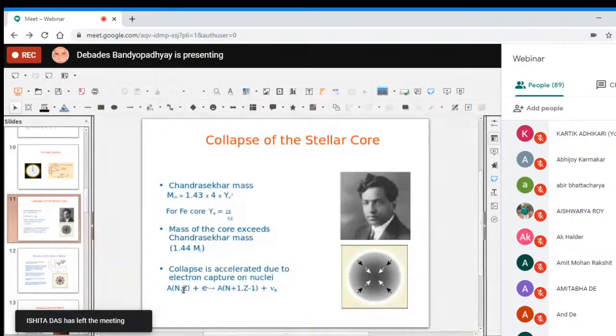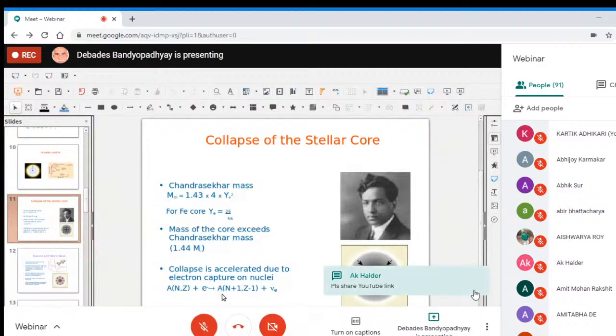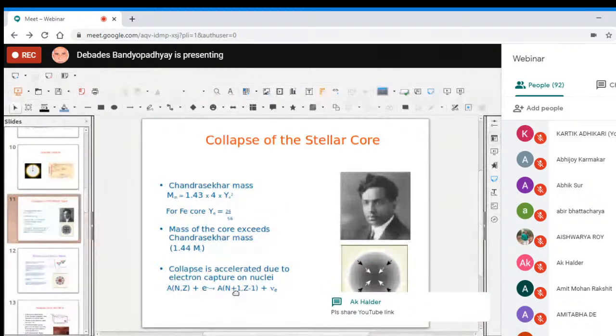For example, one such reaction is shown: a nucleus A, with n neutrons and Z protons, captures an electron, producing a nucleus with n plus 1 neutrons, Z minus 1 protons, and neutrinos.